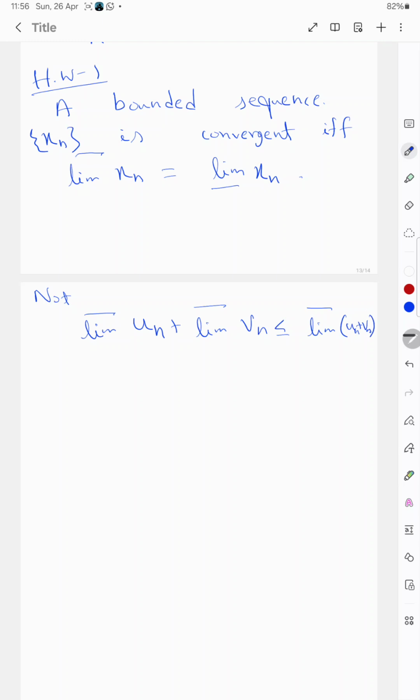And this is not for your NBU exam. This is for competitive exams like JAM and later on GATE. So this type of theorem is important. Okay, so you can make a note.